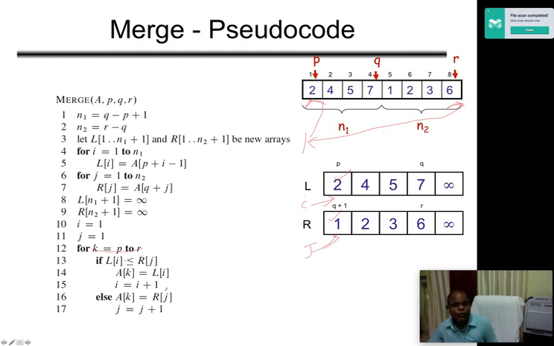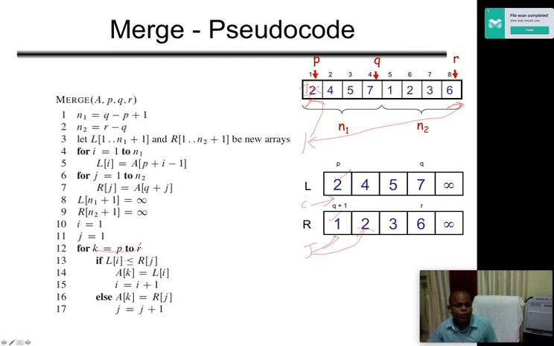Hence A[k] is equal to R[j]. R[j] means j is pointing to here. Hence here 1 will be placed, and j will be j plus 1. j will go to here.